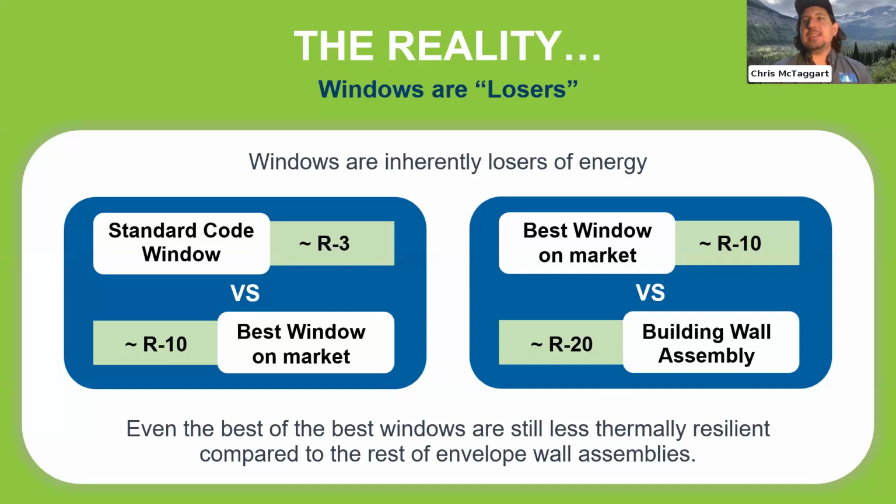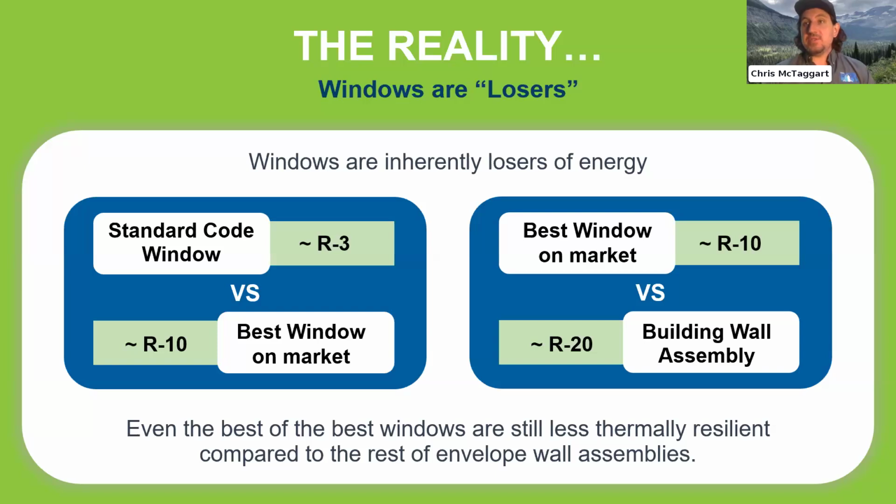You're generally going to have more heat loss when you add windows to a building than if you don't. And there's more of a chance that they leak air, and there's a chance that they leak water when we cut them into our wall assemblies and other parts of the building envelope.